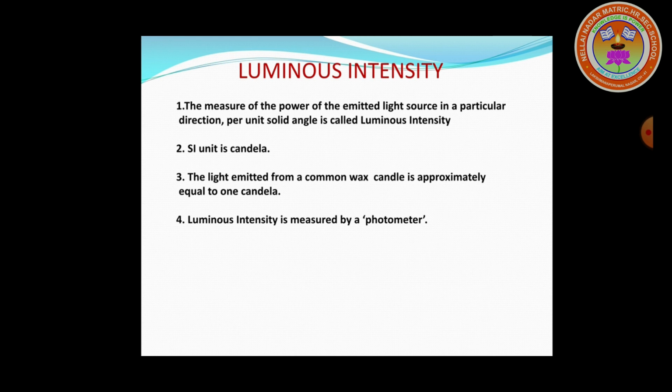So the solid angle is nothing but the angle formed by 3 or more planes intersecting at a common point. That is called solid angle. So the source emits light, the light moves in a particular direction and makes a particular angle, and that is called luminous intensity.